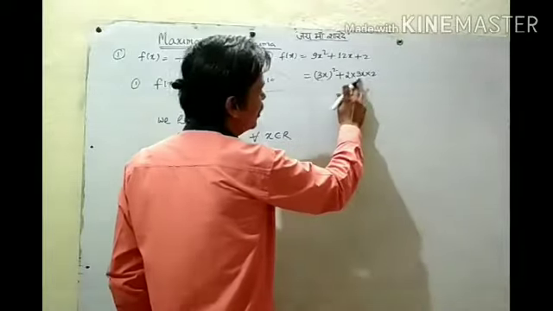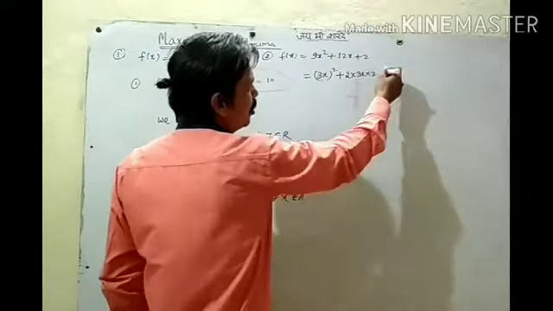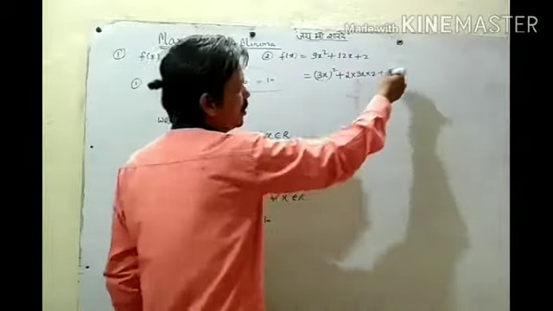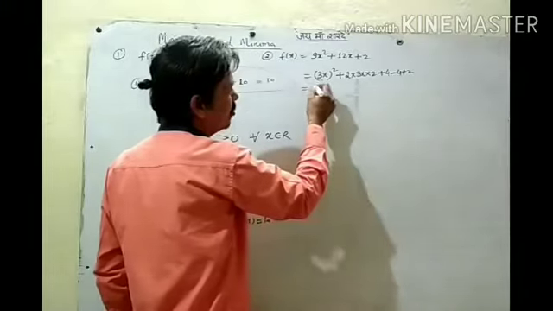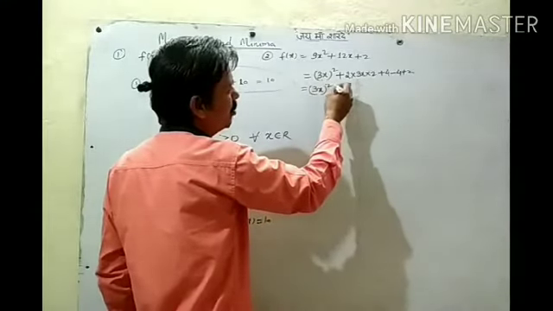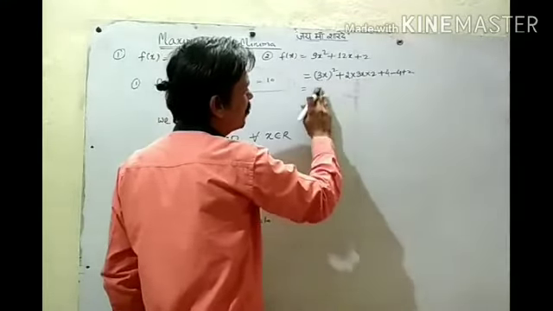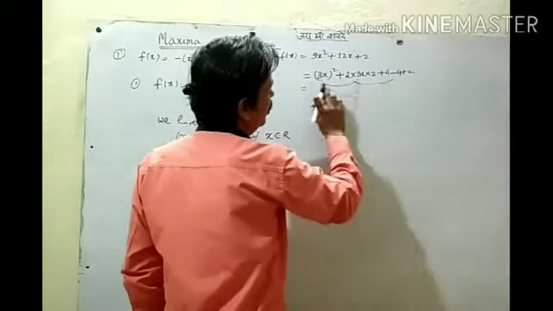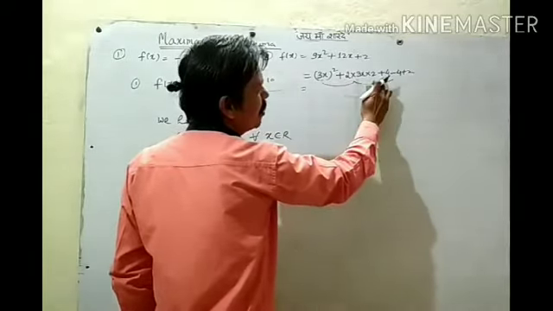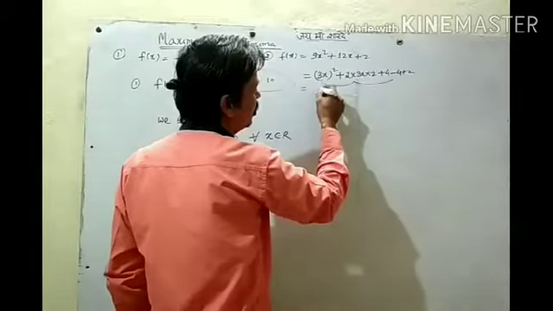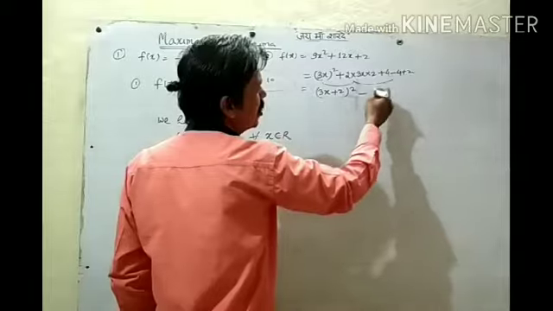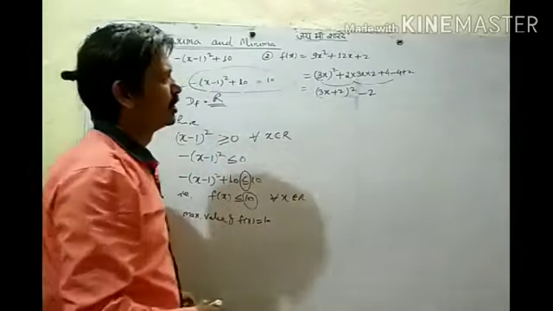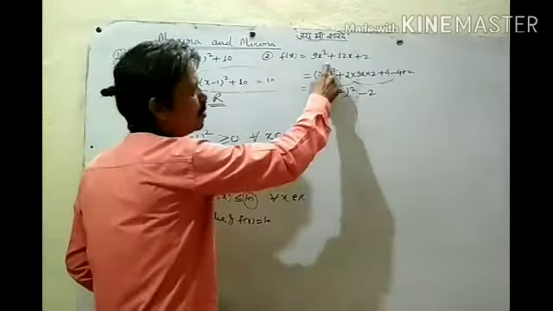So your a is 3x and b is 2. So we need 2 square, 4. We add 4 and we subtract 4. So now a square plus 2ab plus b square, so (3x plus 2) whole square, and minus 4 plus 2 is minus 2. Like this we can complete the square.